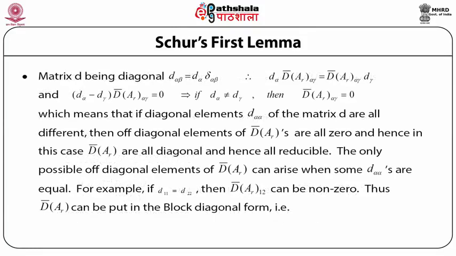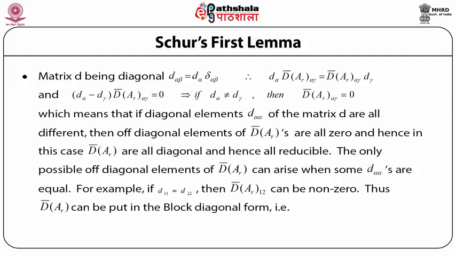The matrix D being diagonal, D_αβ is simply equal to d_α δ_αβ. Therefore, d_α D bar(A_R)_αγ = D bar(A_R)_αγ d_γ. Therefore, (d_α − d_γ) D bar(A_R)_αγ = 0.